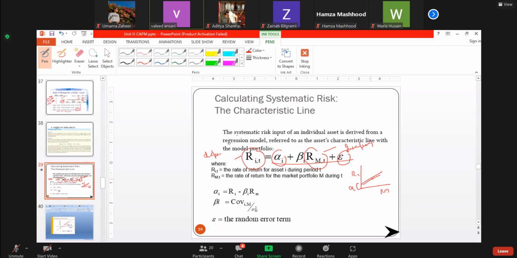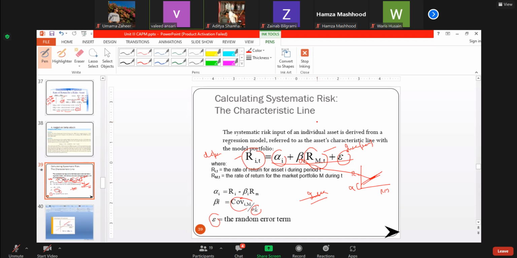So this slope is nothing but the beta of the market, which is calculated as the covariance of security i with M, that is the market, let us say Nifty, divided by the variance of the market, that is the variance of the Nifty. And this is the unexplained part.